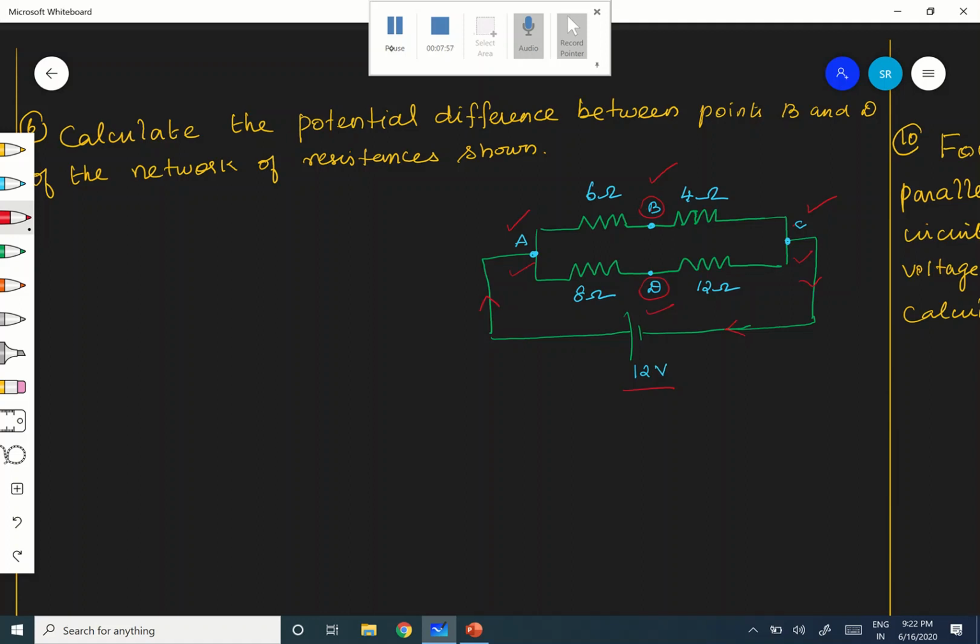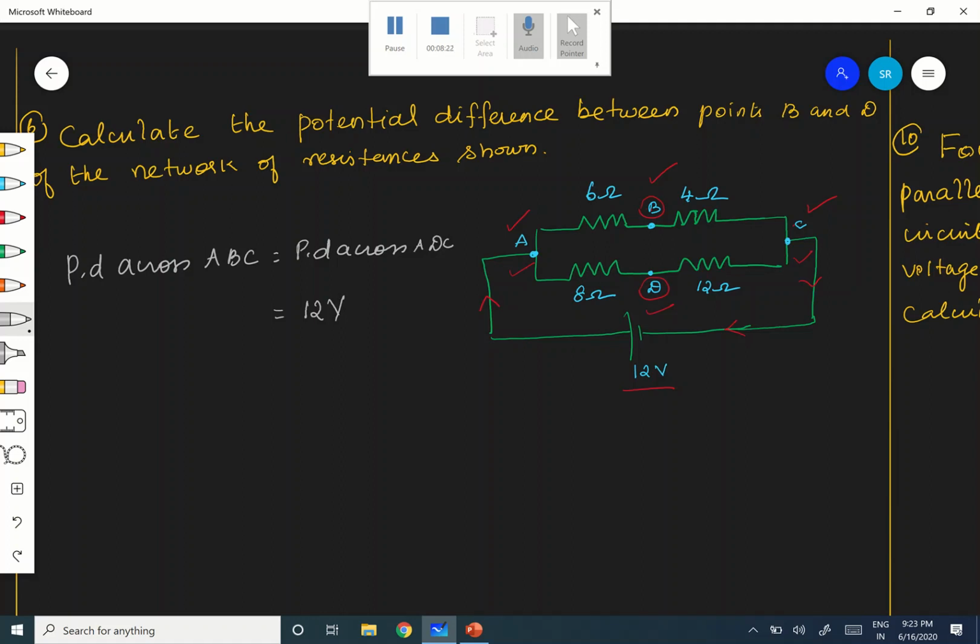Hope you are following. Therefore, the potential difference across ABC is equal to the potential difference across ADC, and that is nothing but 12 volt.